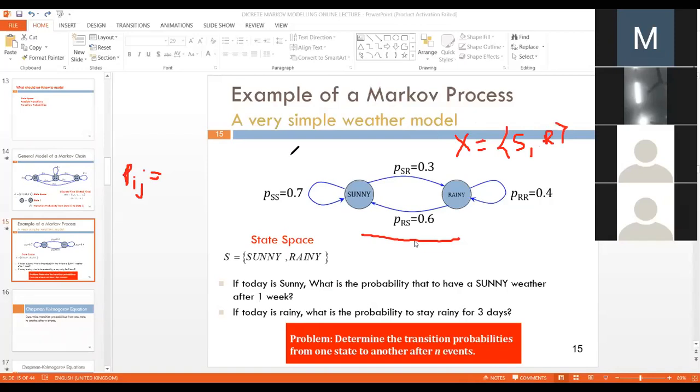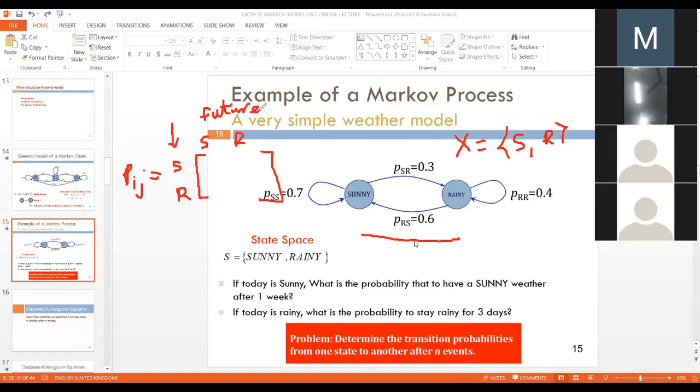In constructing the matrix, you will bring the initial states, which is S and R, as your first column here. Then you bring your matrix, and on top of the matrix you repeat S and R. This is for the future, the first transition, the next step.